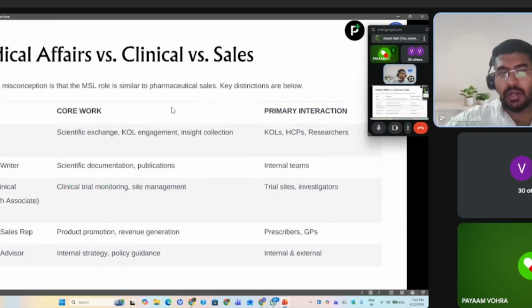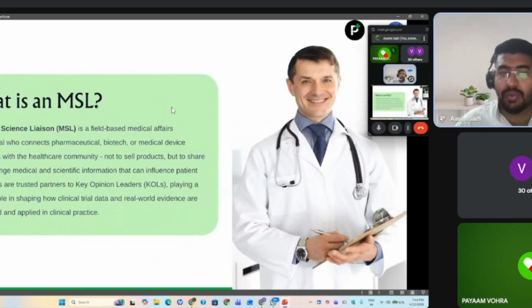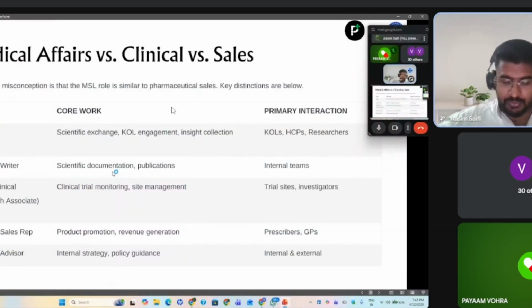Okay. So what is medical affairs versus clinical versus sales? In the last slide, we mentioned one thing: MSLs engage the healthcare community not to sell the product, but to share and exchange medical scientific information. That is a very important thing. Why?